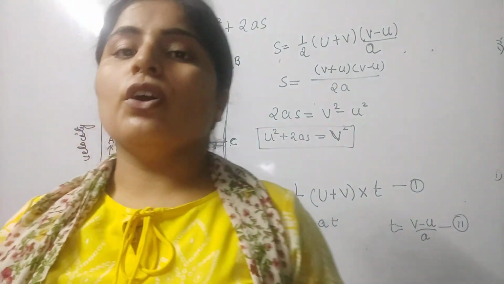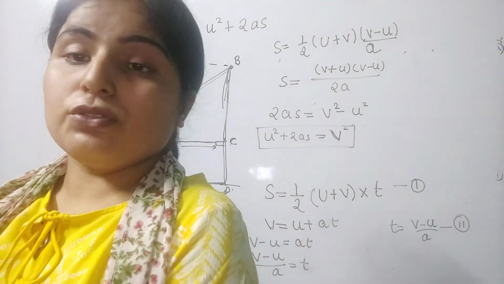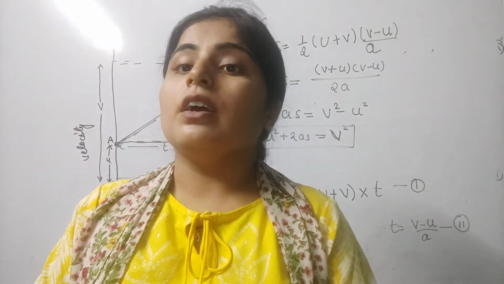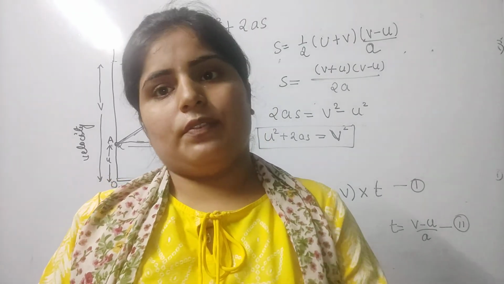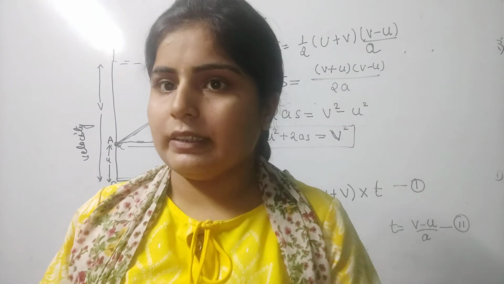I think you have understood very clearly. To derive the third equation of motion, firstly we have to draw the velocity-time graph, and the displacement will be equal to the area covered by the graph.